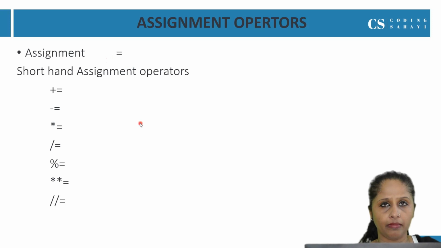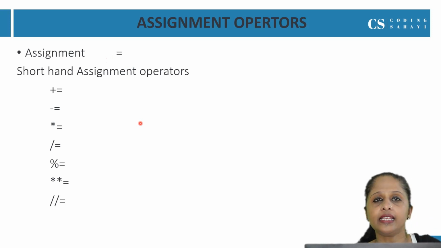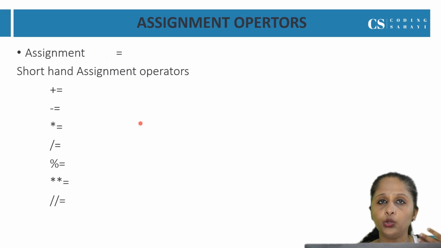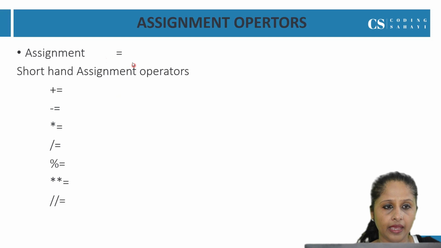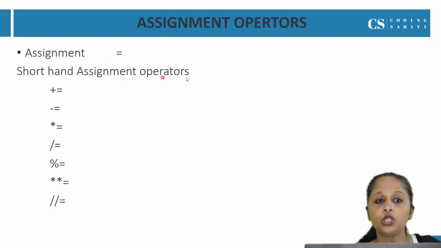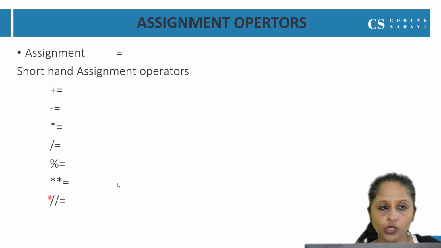Normally what we use in maths, like we write x is equal to y or x is equal to 10, that equal to is assignment. You are assigning a value to a variable. Let's see the example. And we have shorthand assignment operators also, which I will explain with examples.